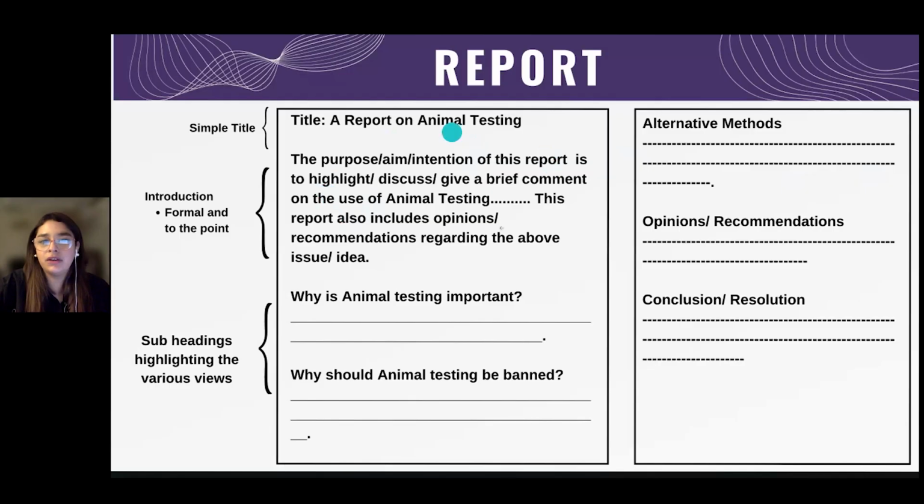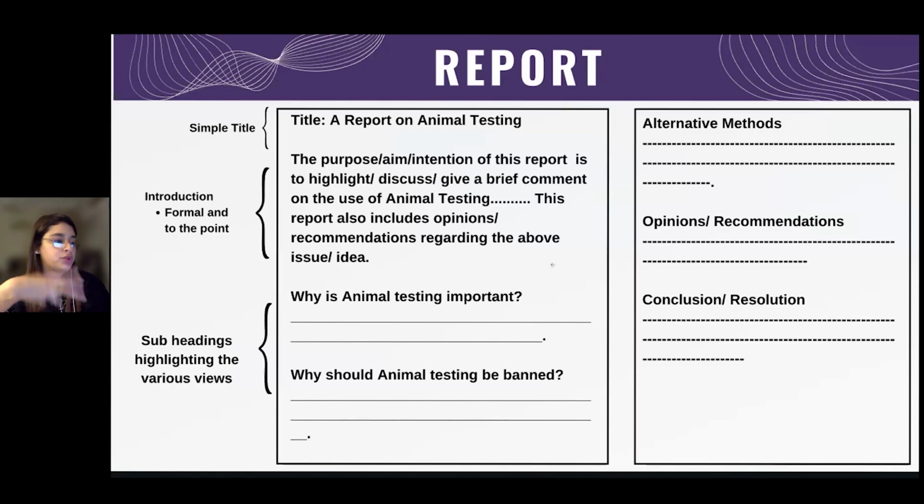I've given you guys a sample introduction to what the introduction for a report is supposed to sound like. So you're generally just talking about what the purpose of your report is going to be, followed by subheadings, which will highlight the various ideas that you incorporate. So for example, if the report is about animal testing, I talk about how the purpose of this report is to highlight the use of animal testing.